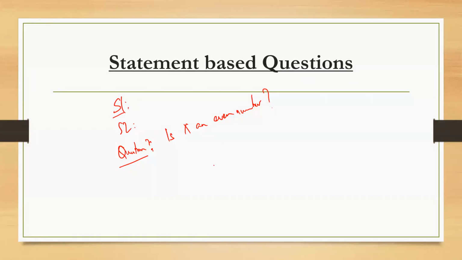You will choose that option only when you solve for S1 and you get that X is an even number. Then you say, yes, S1 answers my question. That is a definite yes. Is X an even number? Yes, I'm getting X is an even number from statement 1.